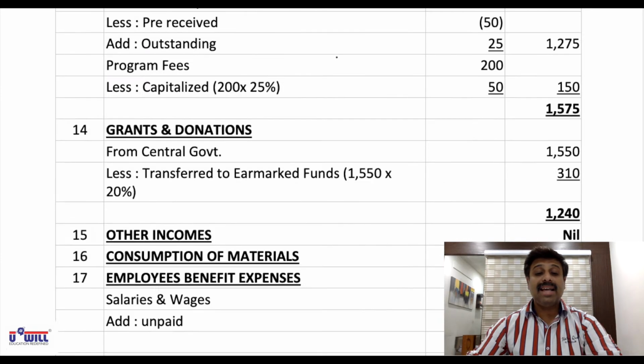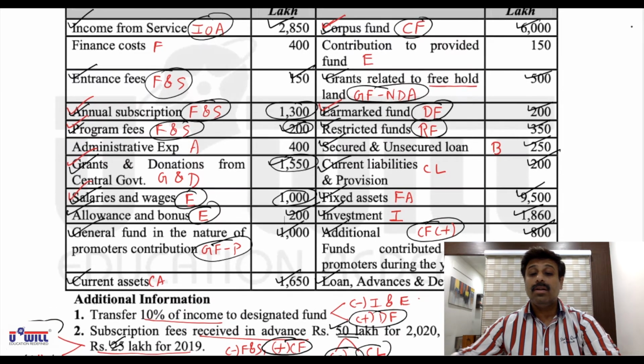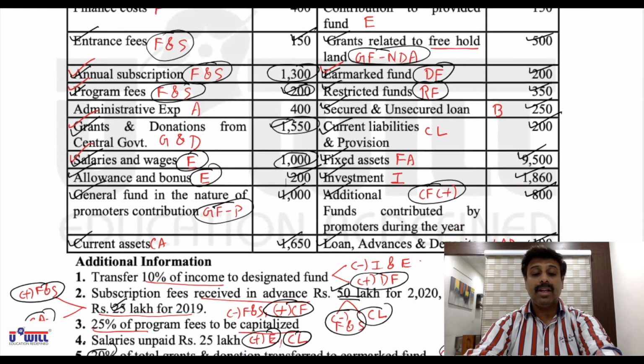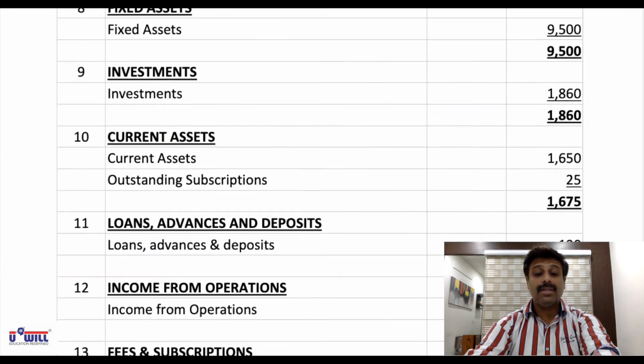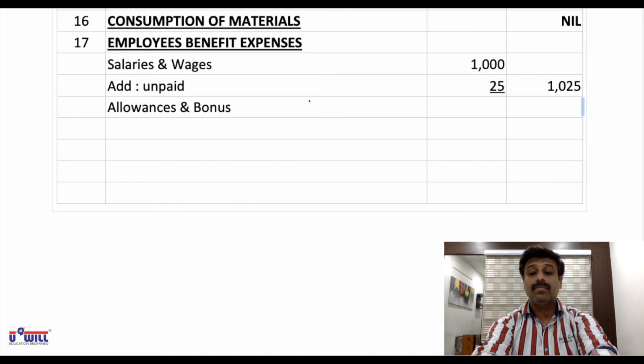Then other than salaries and wages, which else item is marked as E? Allowances and bonus is marked as E, 200. No other item is there and no adjustment. Allowances and bonus 200. Total will come to 1225.